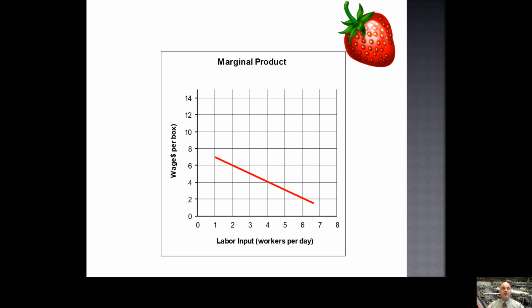But again, the demand for the workers depends on how much additional product each additional worker is going to give us. So we will end up with an equilibrium wage in which demand and supply intersect. And just like before, the equilibrium wage is going to be where those two intersect. So in this case, it looks like it would be $4 and 4 workers.